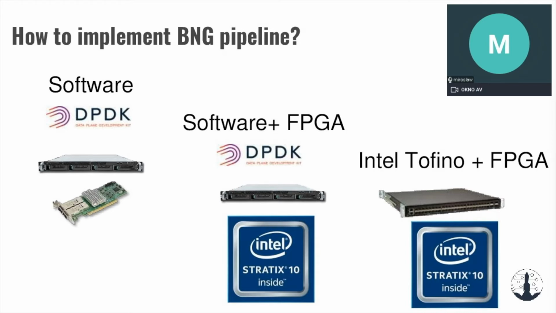You could also think about a very efficient implementation when you have an Intel Tofino switch, for example, connected with the FPGA, which can also make similar operations, but at much higher speeds. In this case, the FPGA is just a solution which should be programmed and connected to the system, and your software should communicate with it.